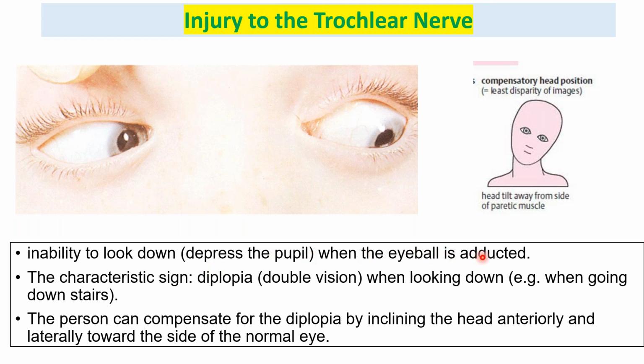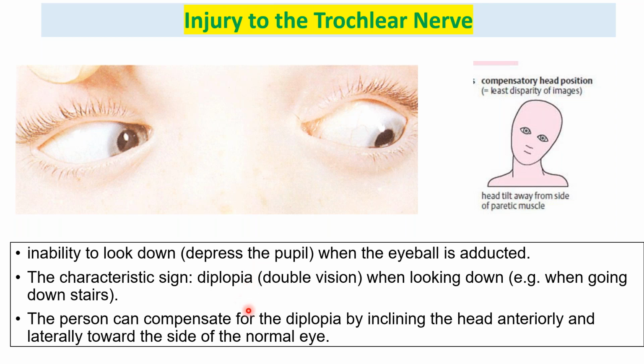So when the eyeball is adducted, he is unable to look down or depress the pupil. It leads to double vision, diplopia, when the person is looking down. For example, when the person is going down the stairs and his eyeball is adducted, he will not be able to look down or depress his pupil, and this leads to diplopia, double vision.